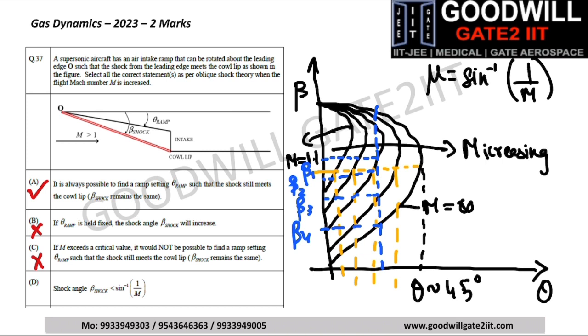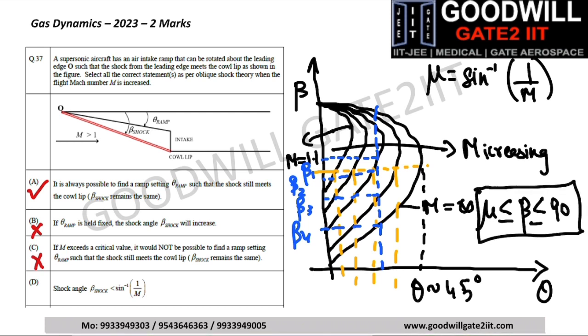So the range for the shock angles would be mu less than or equal to beta less than or equal to 90. This is the range for a shock. So again, this option would be wrong. There can be no angle less than mu for a given shock. So the only option that is correct here would be option A.